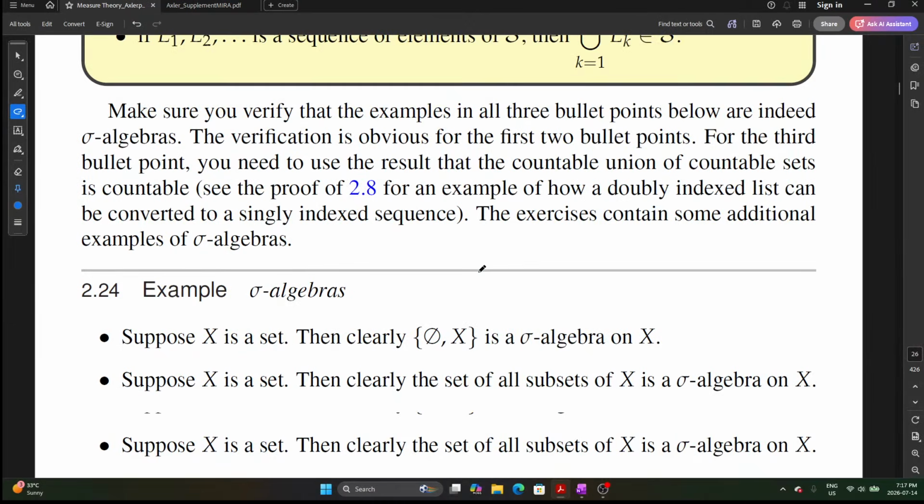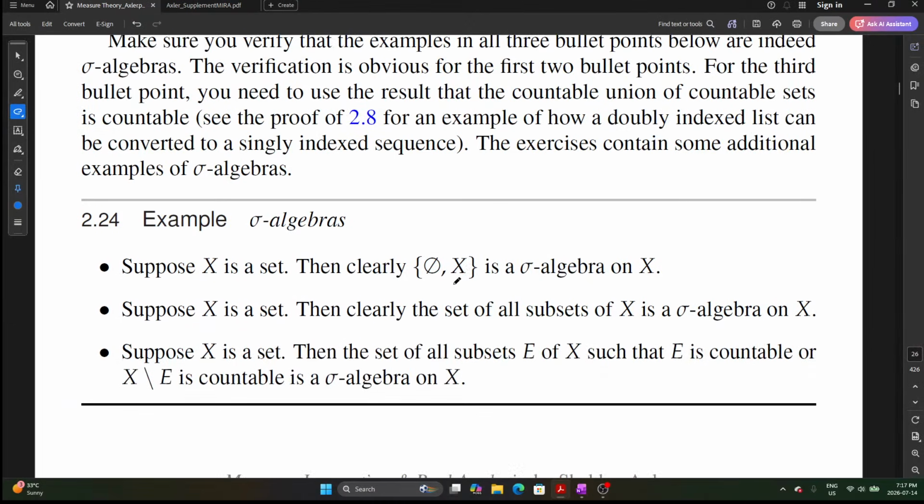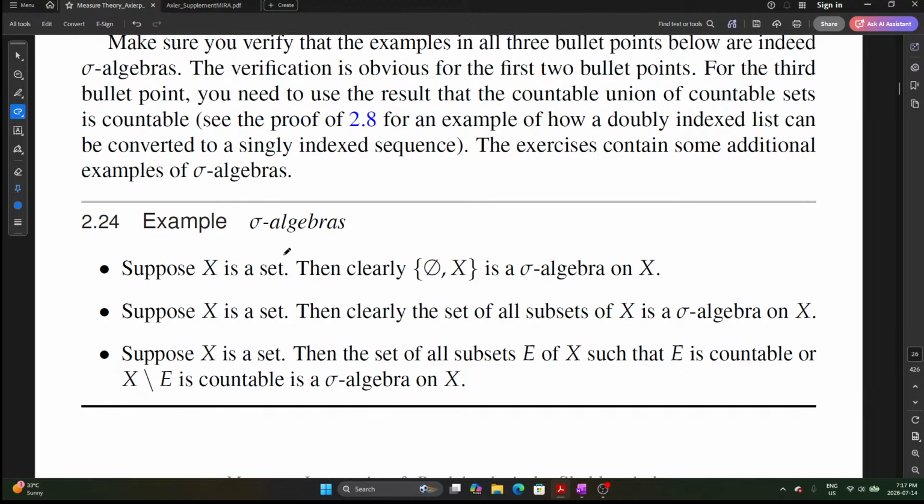In the last stream, at the very end of it, we did these verifications, examples of sigma algebras. Let's just briefly go over them. You can check the last stream's recording to see the details.